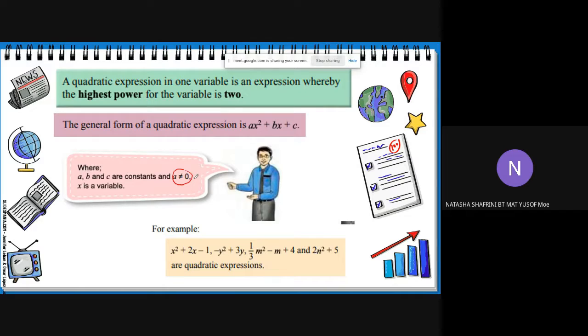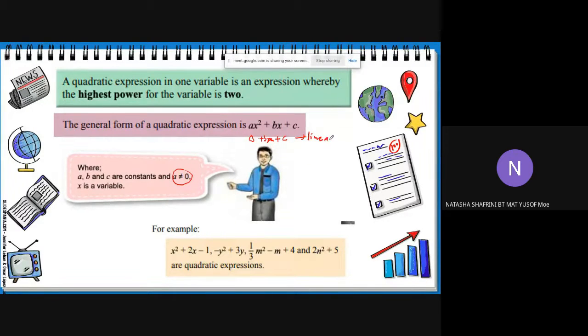Okay, tak ada jawapan. A cannot be 0 because kalau A equal 0, A multiply X square, you akan dapat 0. Bila sini 0, you tak akan dapat X square. Everything will be 0. So, you hanya akan ada BX plus C. Bila ada BX plus C, ini adalah linear.